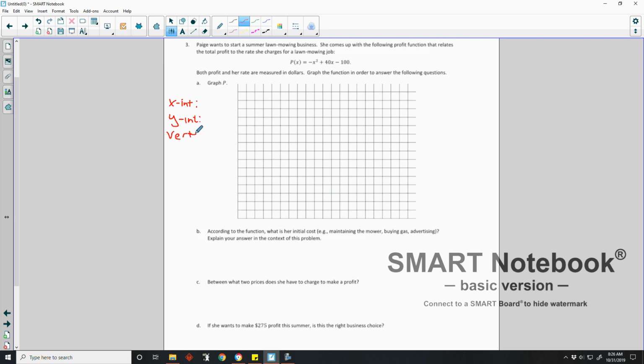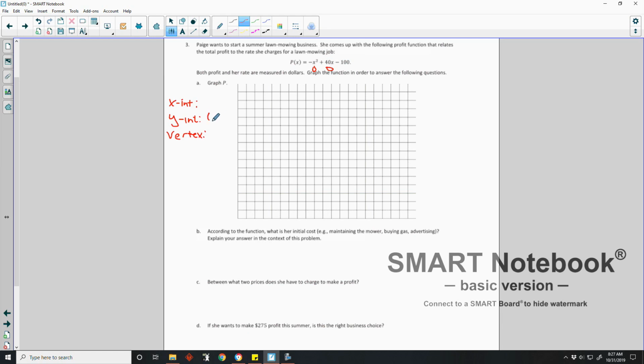I am not even going to begin graphing this until I find the vertex and y-intercept, because that will help me determine how to graph and what unit of measurement to use. The y-intercept is the easiest. Whenever I plug in 0 for x, 0 squared plus 40 times 0 is simply 0, and we get the y-intercept being the constant.